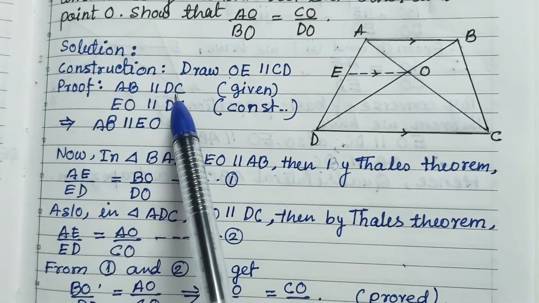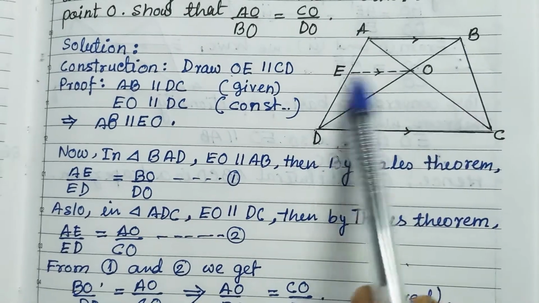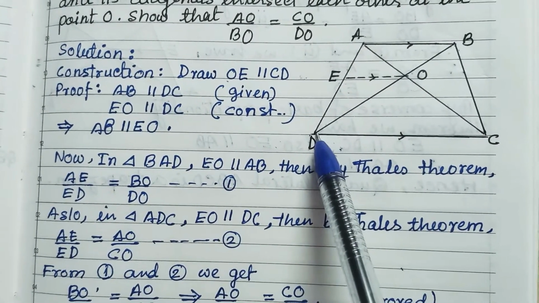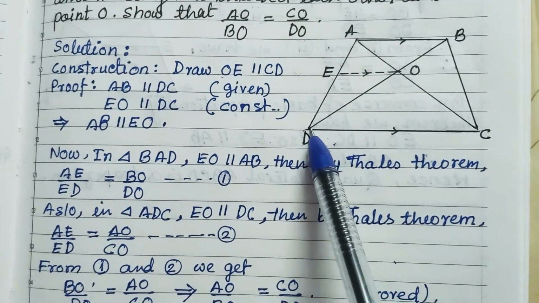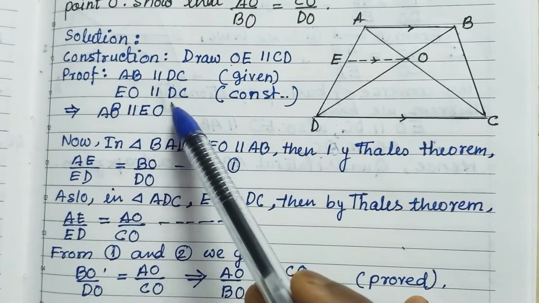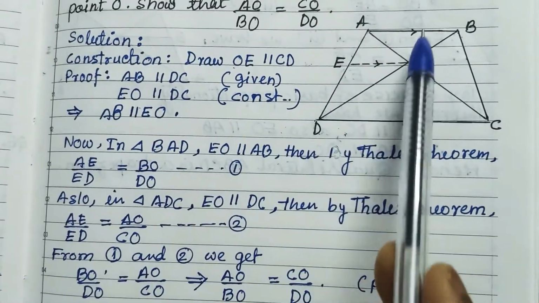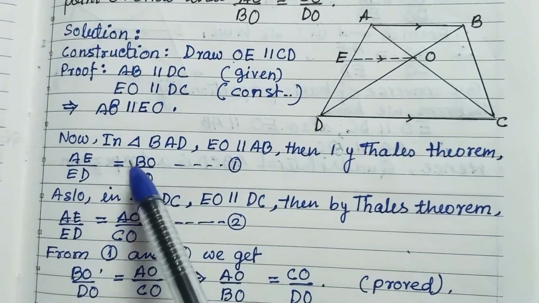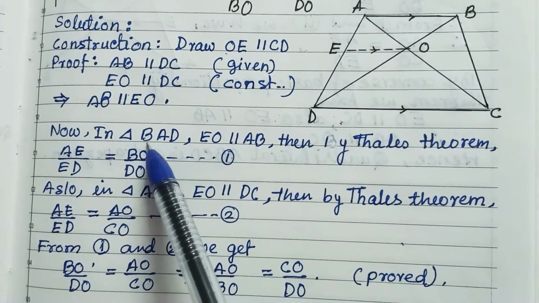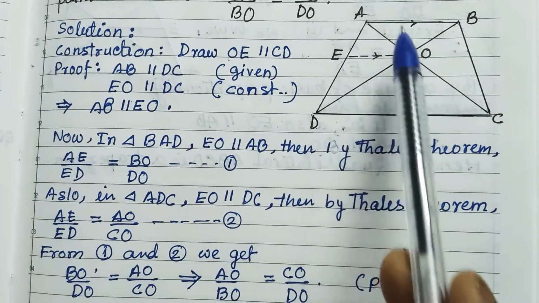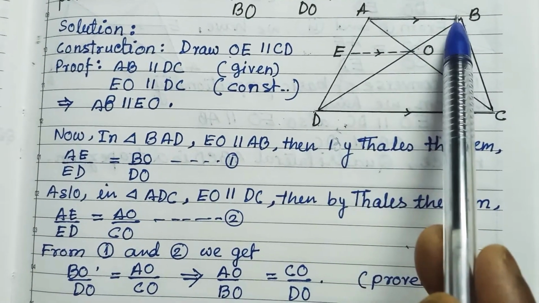Now AB is parallel to DC. In triangle ABD, in this triangle, EO is parallel to AB.